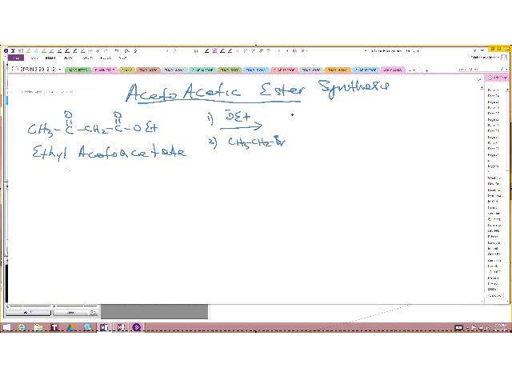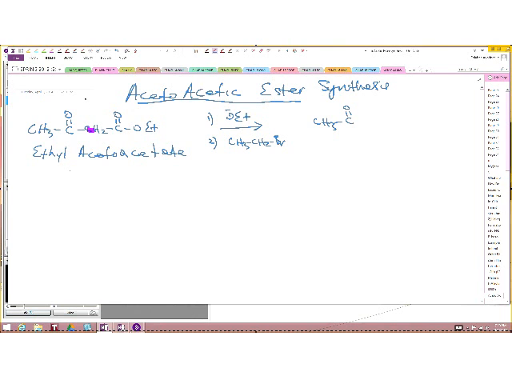Okay, and so what would be that product? That product would be this here. Keep in mind, this is your acidic hydrogen here, because these two hydrogens are between these two carbonyls, and they will be stabilized by resonance. These are more acidic than this here.